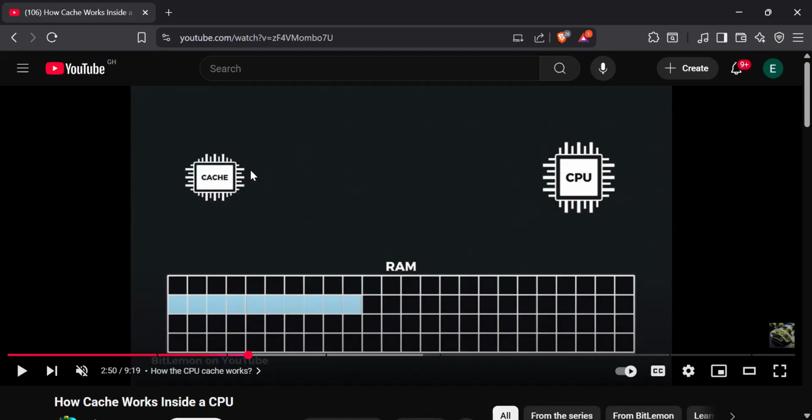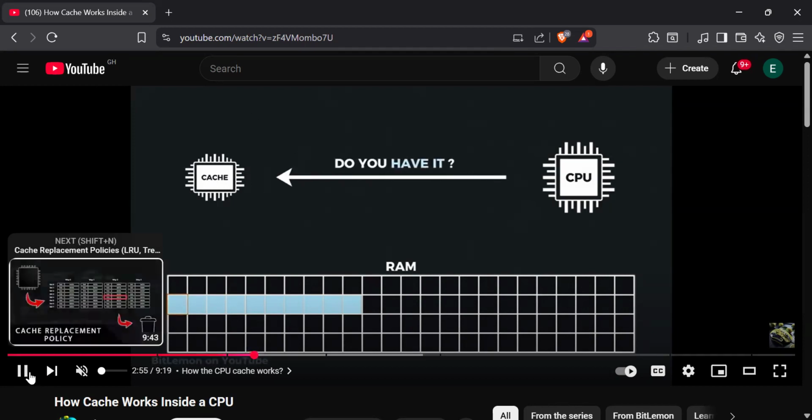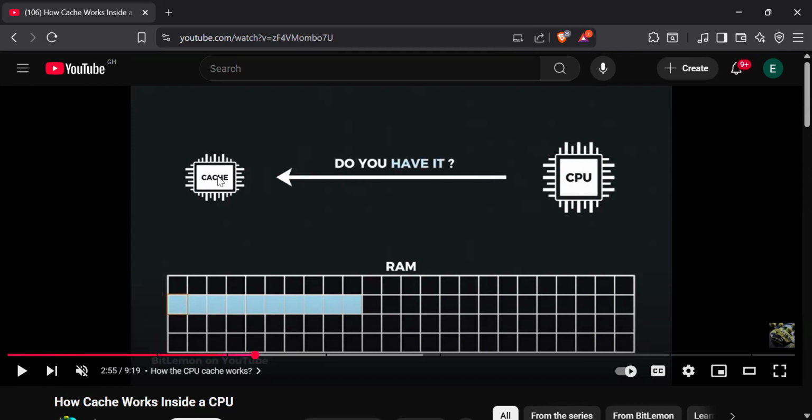And usually when running a fresh program, the data we are requesting will not be on the cache. So we say we have a cache miss, in the sense that the data we are requesting does not exist on the cache. So let's go ahead and simulate. When it requests the data from the cache and we do not have it, we say we have what we call a cache miss.